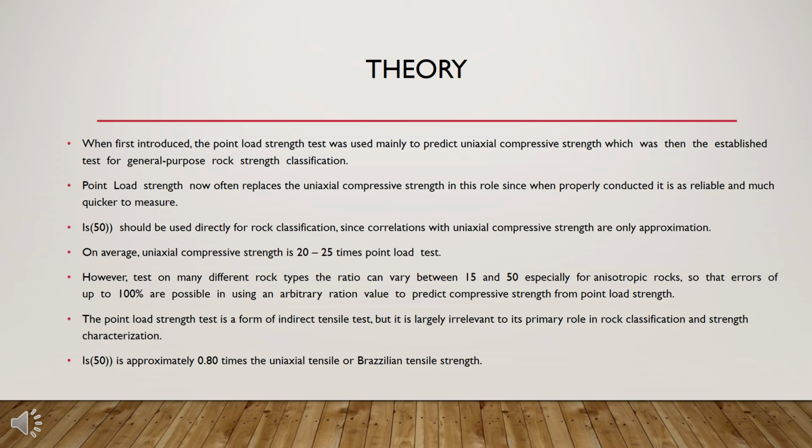The point load strength test is a form of indirect tensile test, but this is largely irrelevant to its primary role in rock classification and strength characterization. Is50 is approximately 0.80 times the unconfined tensile or Brazilian tensile strength.